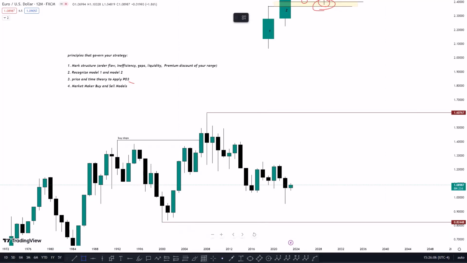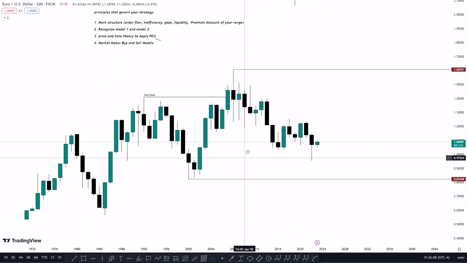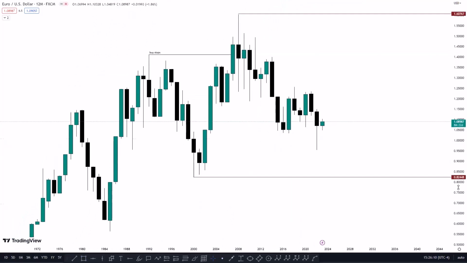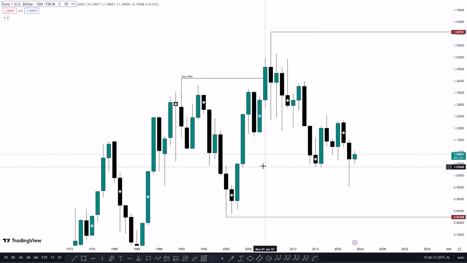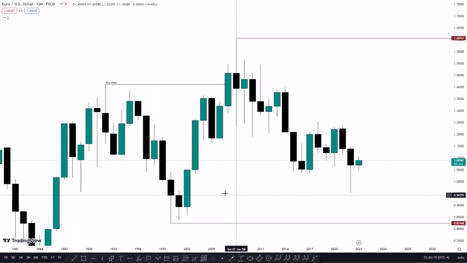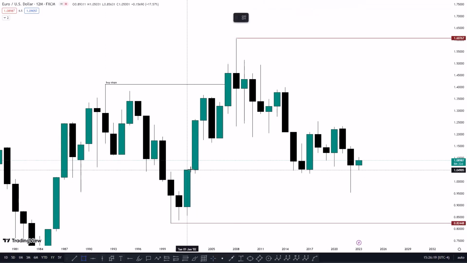So for example, here, if you look at this chart, this is Euro USD, 12-month time frame. From here, you see, remember, you compare two candles. For example, if you start from the bottom, we have this bearish candle, this bullish candle, and this bullish candle.